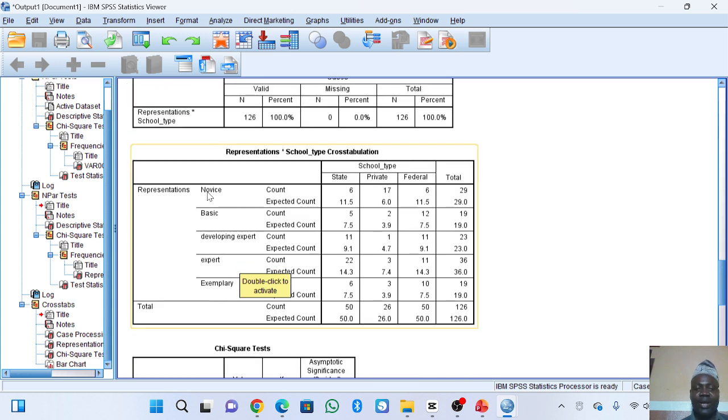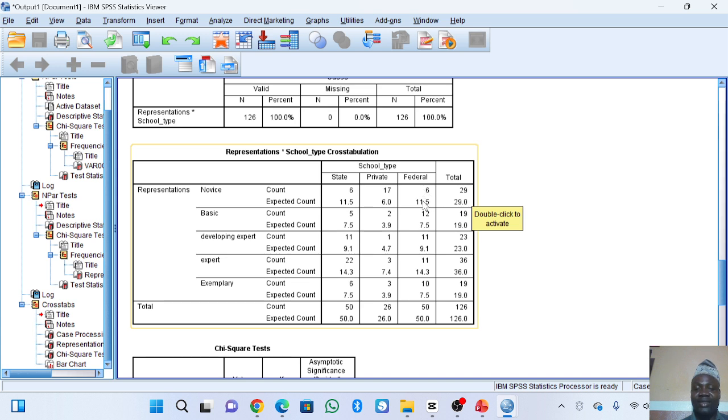For those people that provided novice representation, the total number of people that gave novice representation is 29, and the expected count is 29. But the real count that was observed for state and federal is different.